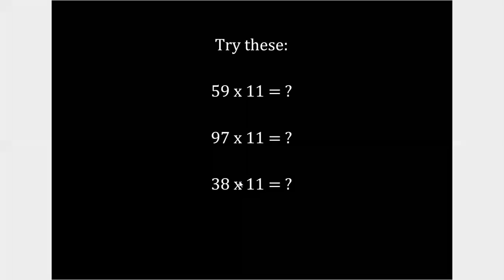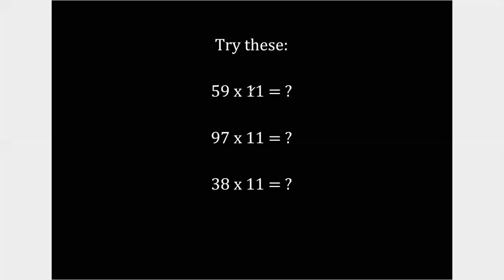Here are some examples for you to try on your own. The way that I would look at this, 59: I know that I have a 5, a 14, and a 9.